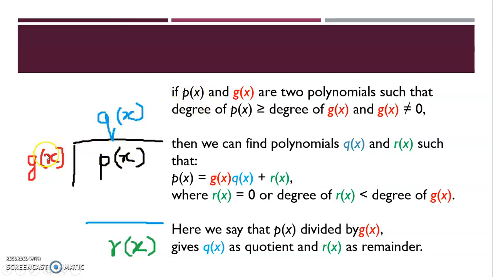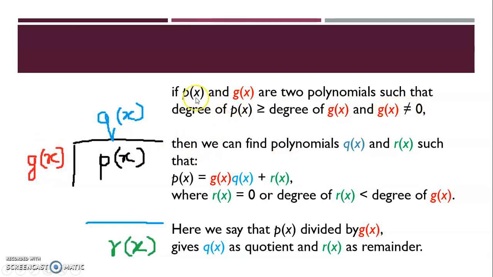If p of x and g of x are two polynomials such that degree of p of x must be greater than or equal to degree of g of x, that is degree of the dividend must be always greater than or equal to degree of the divisor, and the divisor must be not 0, because dividing by 0 the answer will be not determined, because any number by 0 is not defined. So g of x or our divisor, it should not be 0.